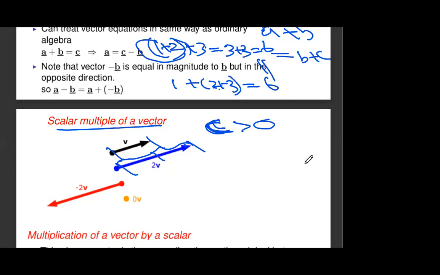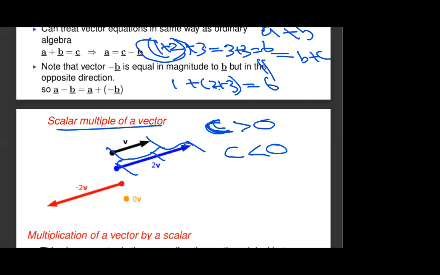Similarly, if you multiply this vector by a negative scalar, your direction will change.